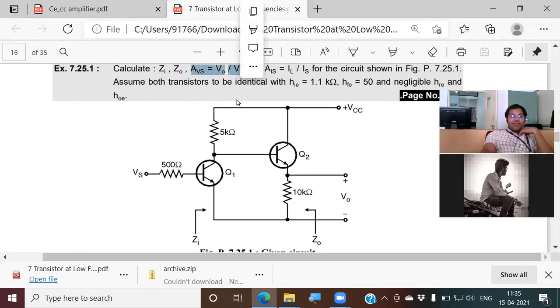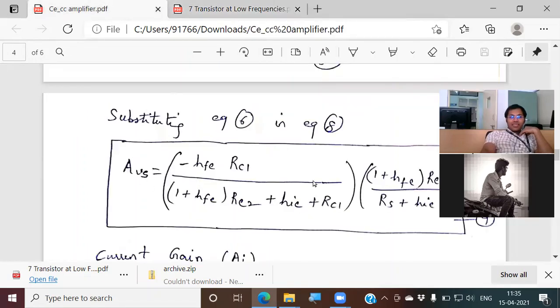AVS is V0 by Vs. We already derived it in the previous class. Direct substitution. So what is required here? HFE is required, RC1, RE2, HIE, RS. All these are required.